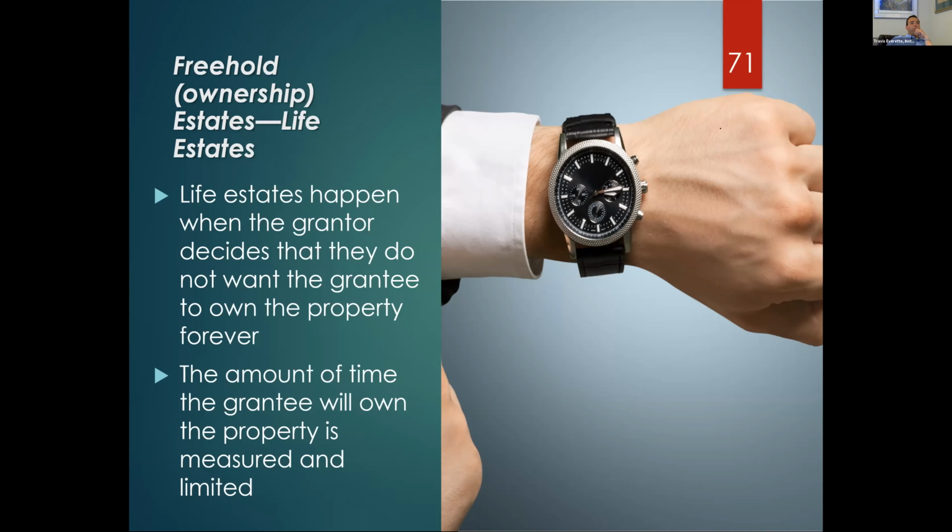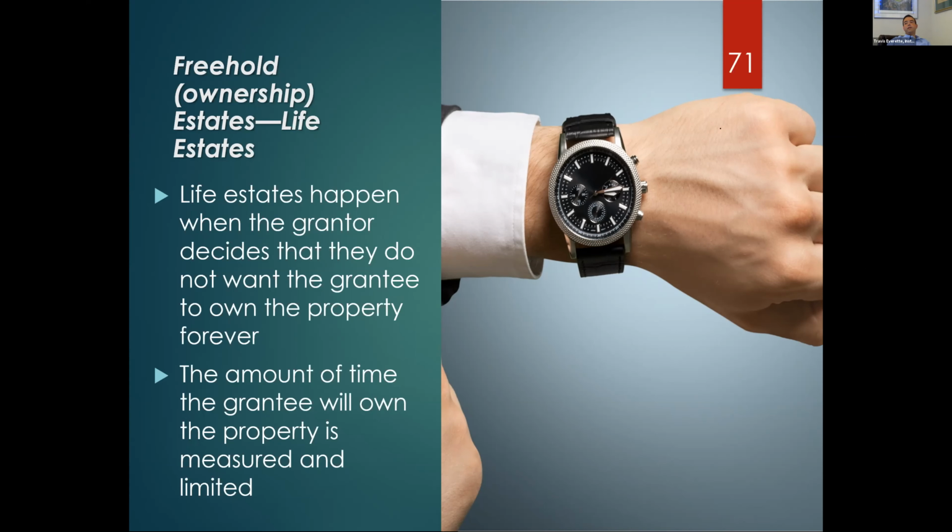Well, when you inherit property, you have no control over the type of ownership you get. Who's in control of that? The grantor, the dead person, the person who passed away. And what are you going to say? Nope, I won't take it? Well, I'd rather have less than full ownership than no ownership at all. So you're pretty much stuck with it. This is not usually in a sales transaction. It's usually in a gift or an inheritance or something like that.